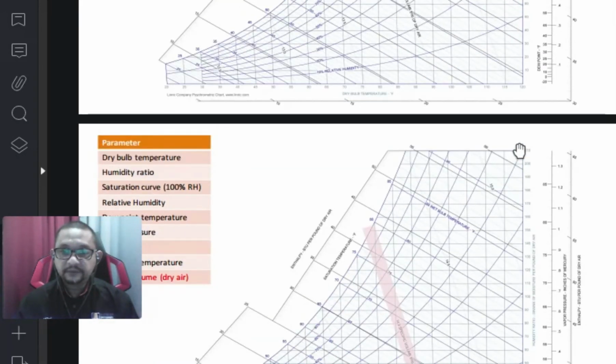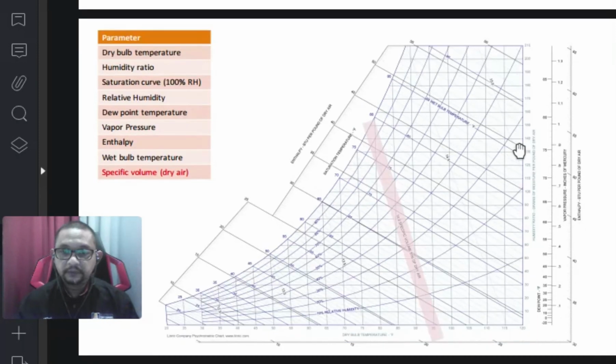And the last one is specific volume, per dry air. This is a line of specific volume, and they are all parallel, here, here, here, and there. That is the specific volume.